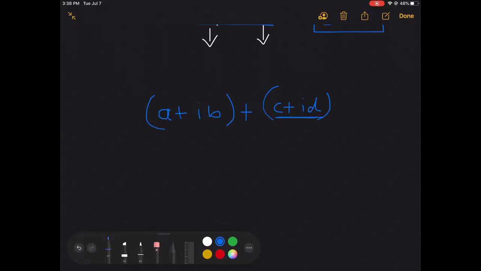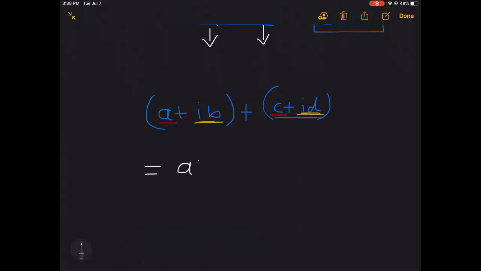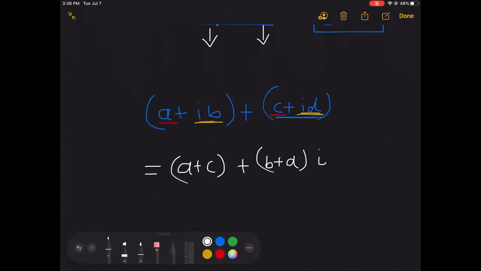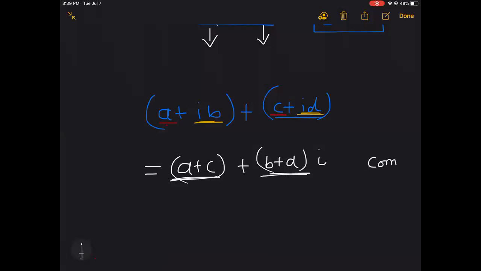You need to combine the like terms. That means we'll add the terms without i and we'll add the terms with i. Okay, that's the idea. Pretty simple. So it will be a plus c and b plus d. As you can see, it still has this format, a plus ib. It looks like that, right? So that's a complex number as well.